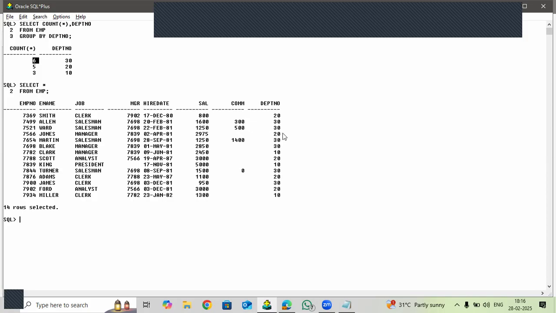Then it jumps to the second one, department 20: 1, 2, 3, 4, and 5. It is 5. Then department number 10: 1, 2, and 3. So 3 people. This is how the compiler will count from each and every department and give the output. Is it clear, Nitya aunty?